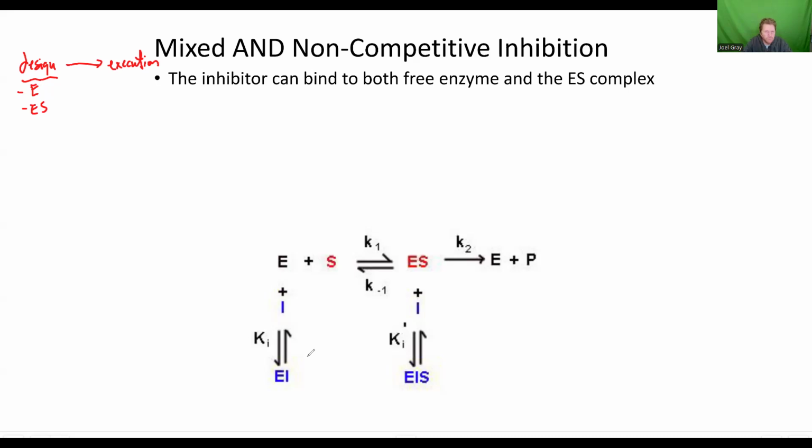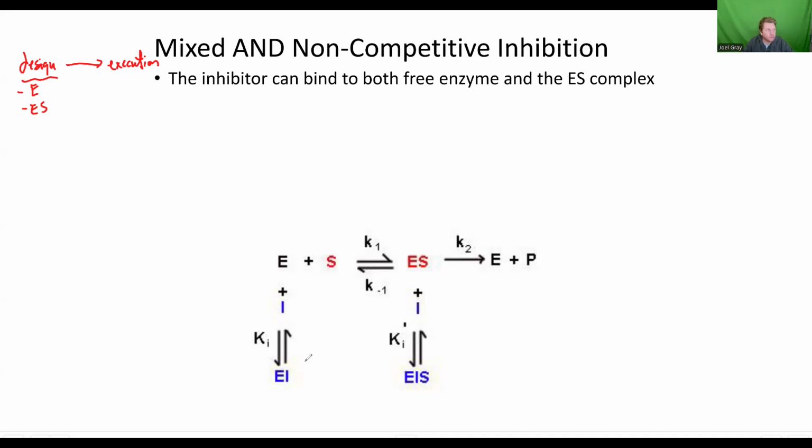You've looked at the molecule and you say, okay, I'm going to put this carboxyl group here and a sulfhydryl group here. This carboxyl group will be attracted to the active site, so it can compete. But then the sulfhydryl group, in concert with this carboxyl group, is still going to allow the substrate to bind. So it's kind of like you designed it to have both effects.